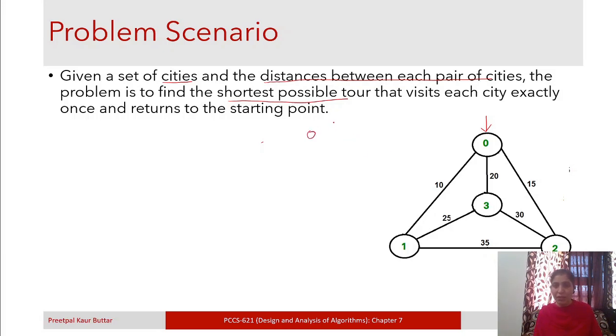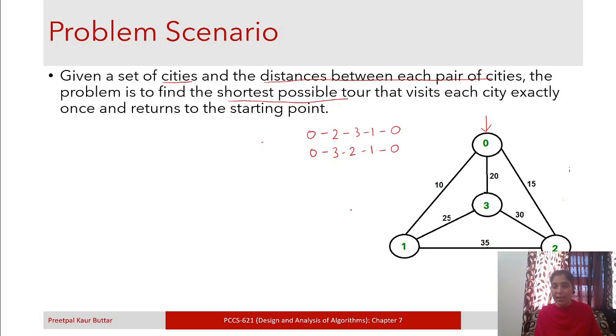We can start from 0. From 0 we can go to 2, then to 3, then to 1 and then again to 0. Here this is a Hamiltonian cycle, because we are visiting each vertex exactly once. But there is another possibility in this graph. We can go from 0 to 3 to 2 to 1 to 0.